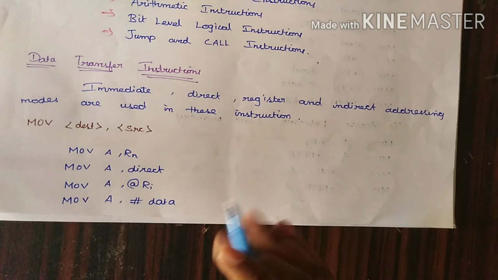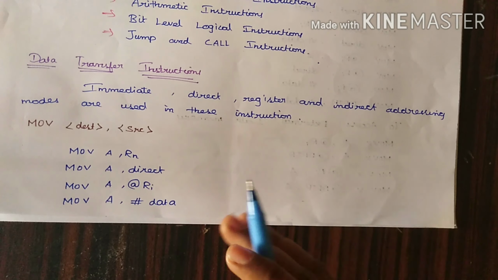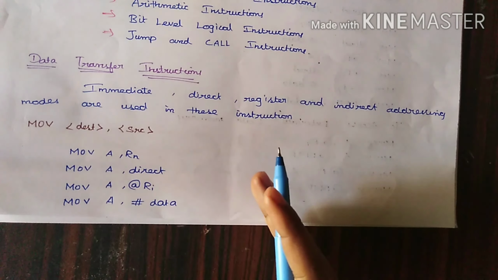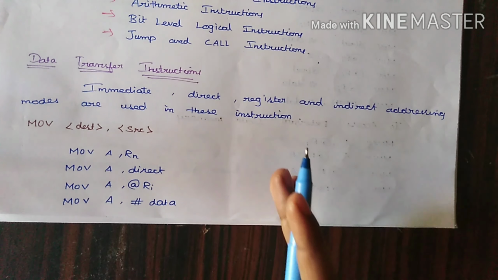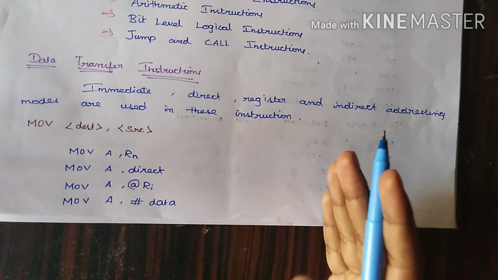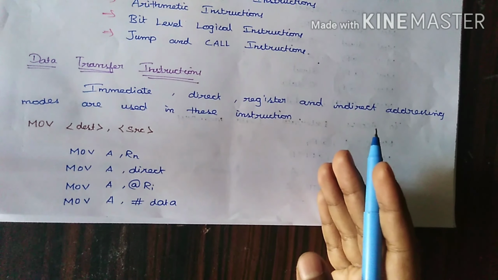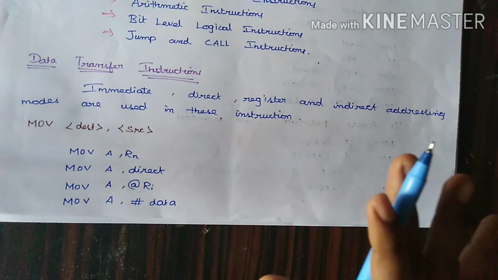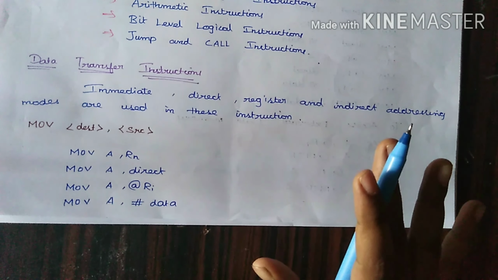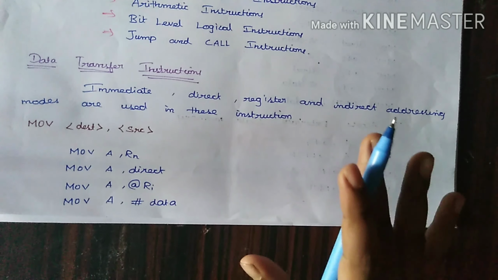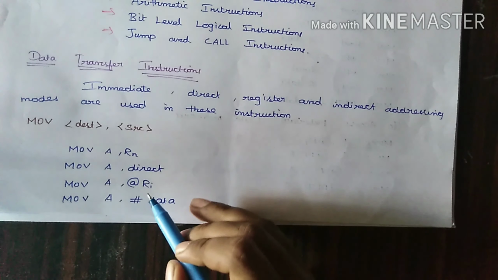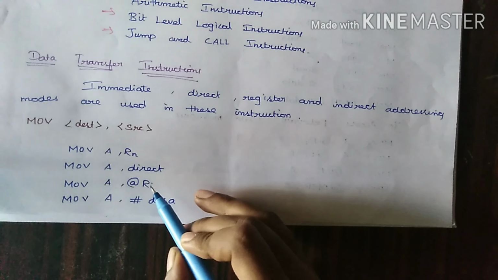Remember that the MOV instruction only copies the data from the source to the destination, and does not completely move it, that is delete the data from the source and copy it to the destination. The data will be there as it was before in the source, and it will also be copied in the destination.